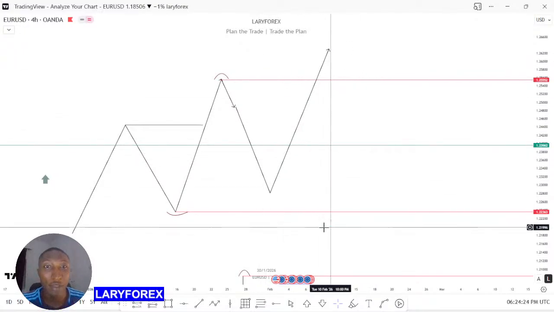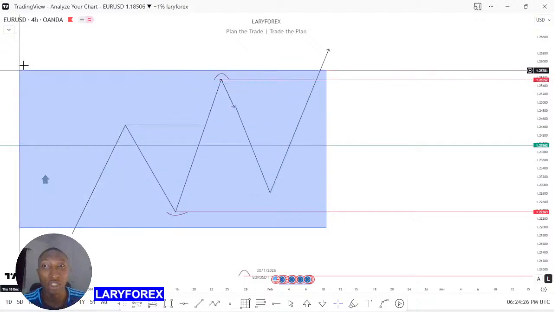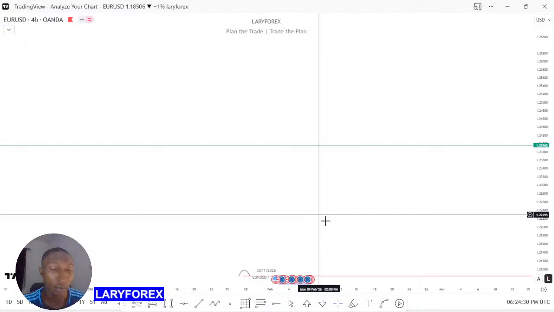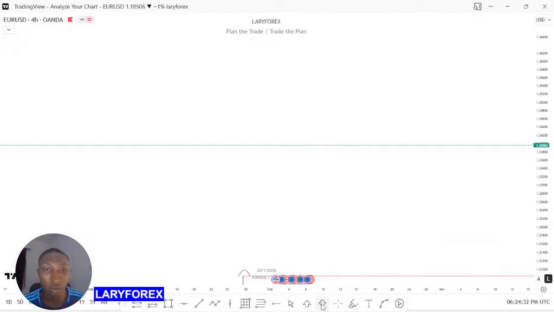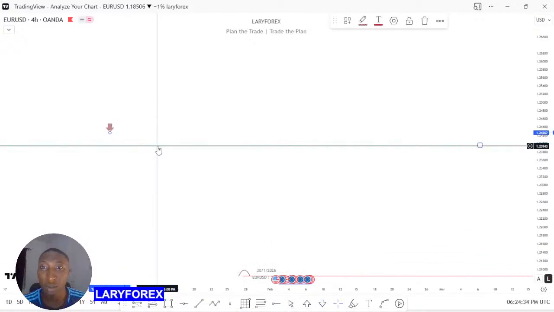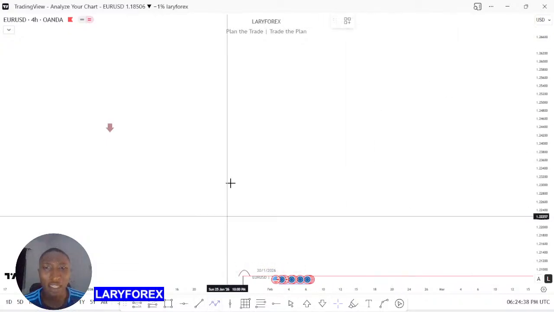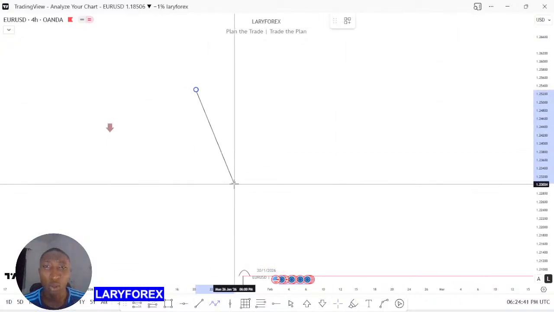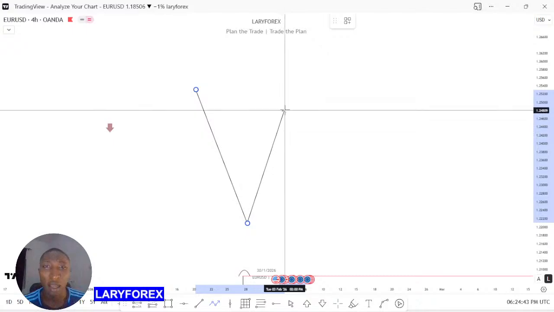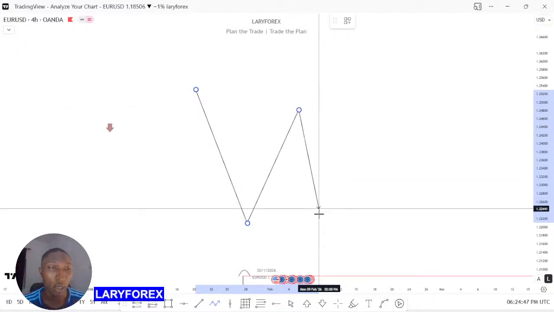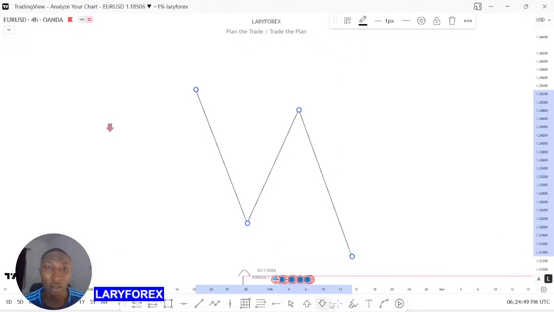Now, for the bearish market scenario, it's just the opposite, but let me still explain it, okay, for the newbies here. Now, the bearish market scenario, all right. Once we have identified our low here, and then our lower high, which is our high here for now, and then our lower low here, and price starts switching back, okay.